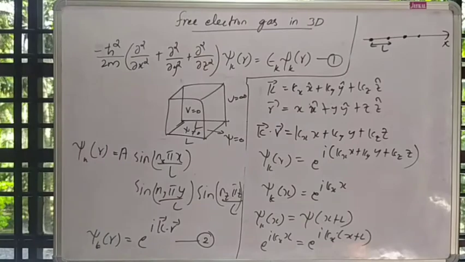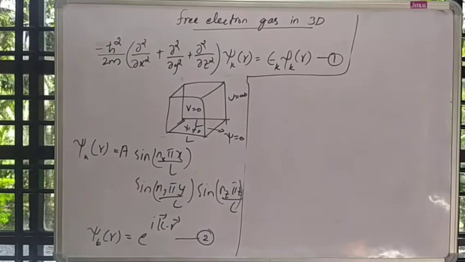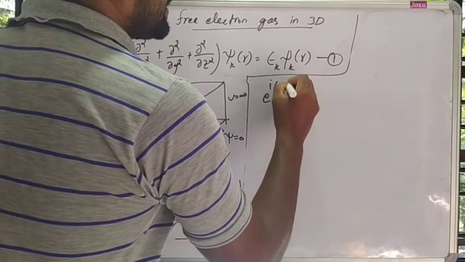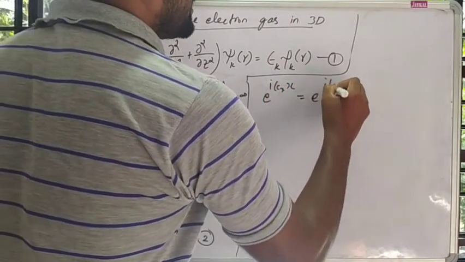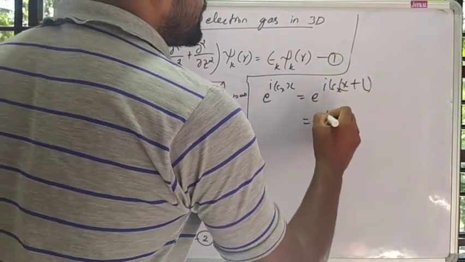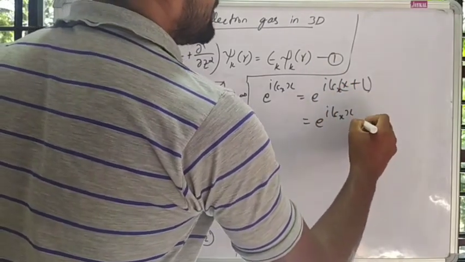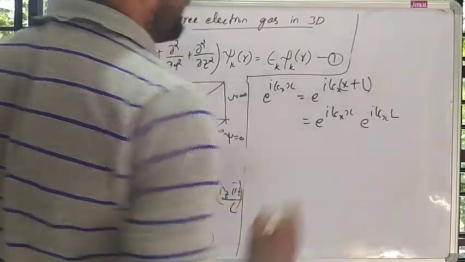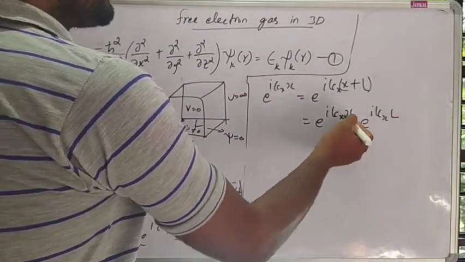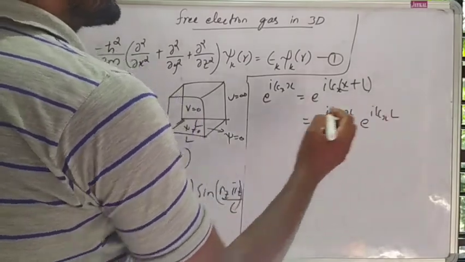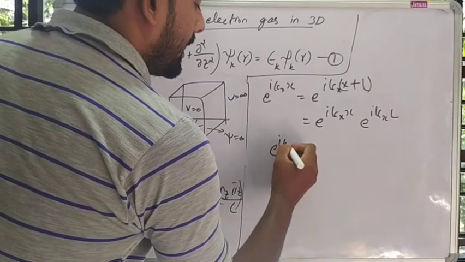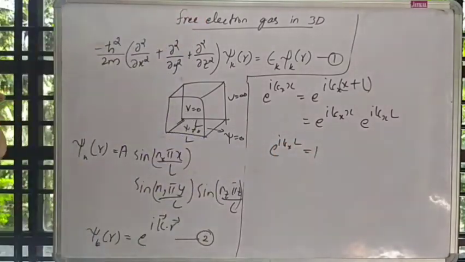So e raised to i kx x is equal to e raised to i kx x into e raised to i kx L. This means e raised to i kx L should be equal to 1.